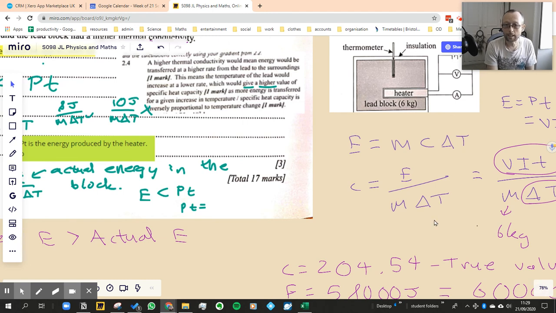In our case, the temperature change has not been as much, or you could imagine it's gone up, but then it's gone down again because we've lost energy to the surroundings. So the measured temperature change that we're getting is actually too low. It should be higher. And because it's actually higher than what we're really measuring, the specific capacity is inversely proportional to that, and so our specific capacity would be lower than what we're measuring.